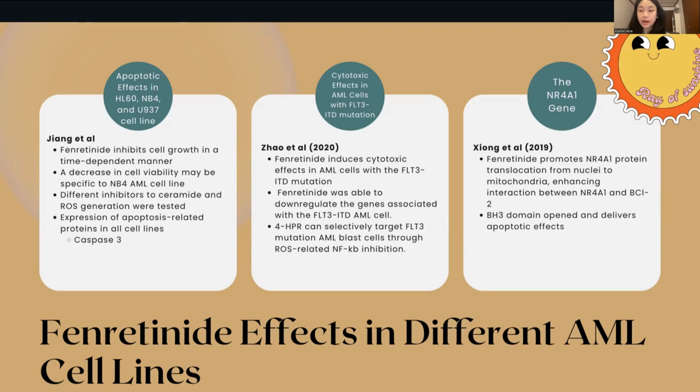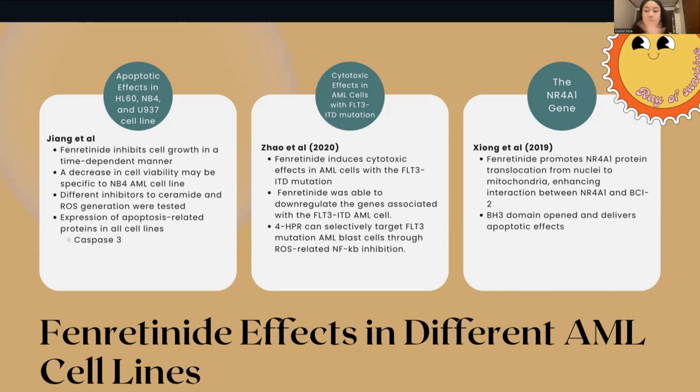Lastly, we talked about the NR4A1 gene. This gene is usually what we call a tumor suppressor. However, when this gene mutates, it gives rise to AML. So we found that nuclear export plays a critical role in activating the apoptotic pathway by translocating this NR4A1 protein from the nuclei to the mitochondria.